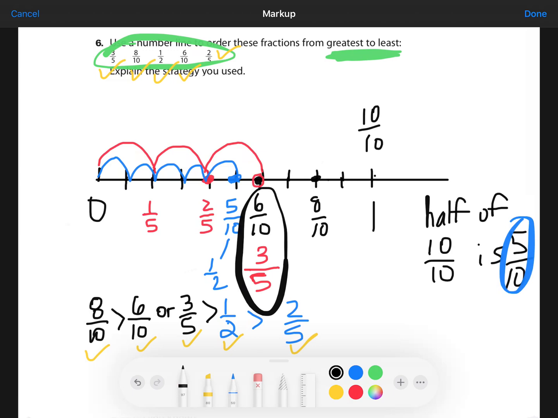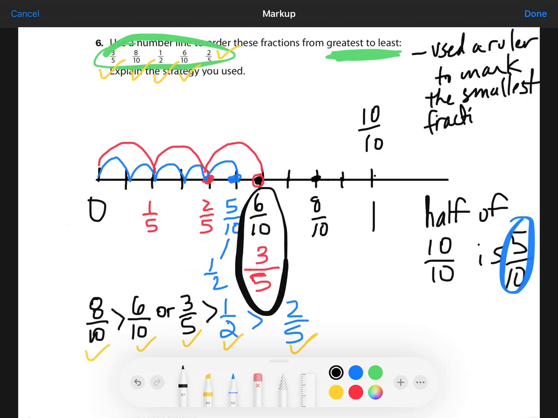So I guess I would say that I used a ruler to mark the smallest fractional amount, which was tenths. I'm running out of space. So that's the first thing that I did.